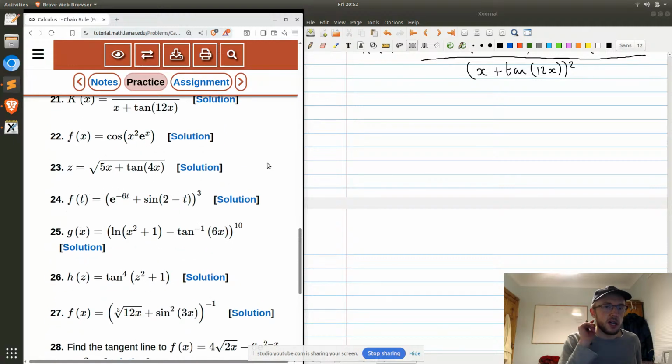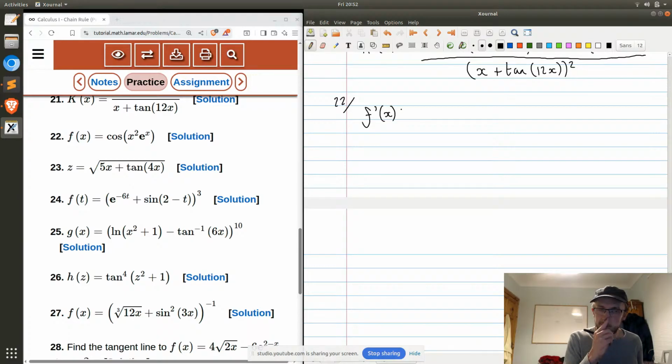22. f of x equals cosine of x squared e to the x. So we have a function of a product. Cos x goes to minus sin x.